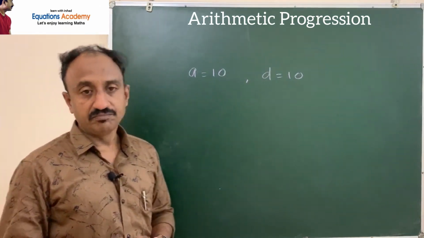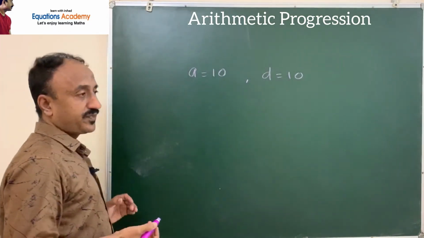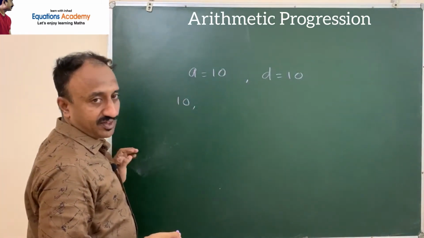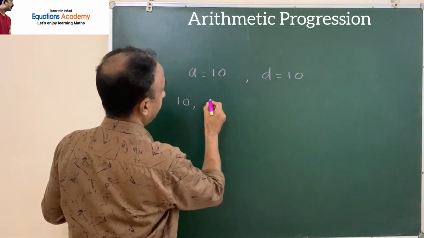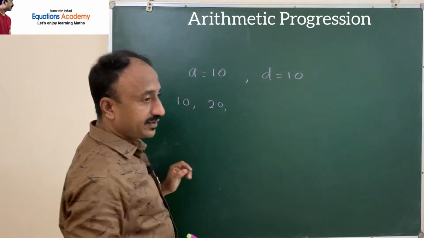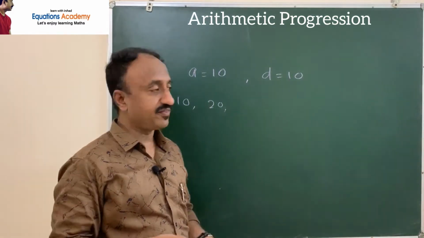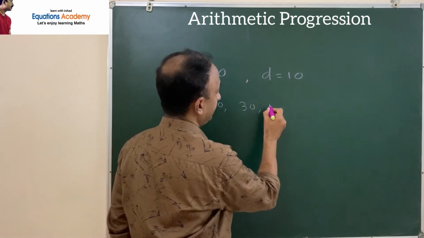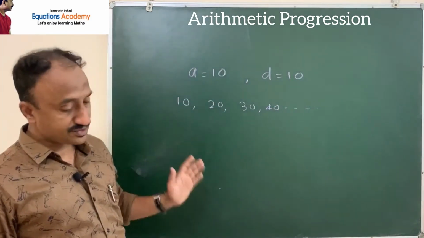We have to make an AP of 4 terms. So the first term is 10. Second term will be first term plus the common difference, so 10 plus 10, it is 20. Then third term will be second term plus the common difference, so 20 plus 10 is 30. 30 plus 10 is 40, etc. Very easy. This is the first question.